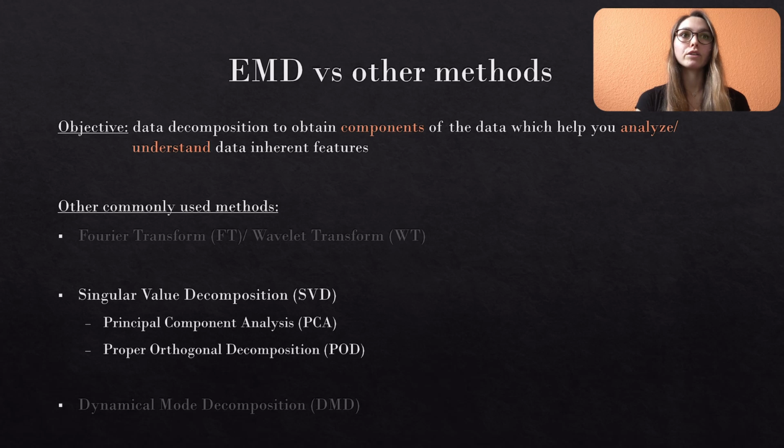The singular value decomposition, in short SVD, builds the basis for the principal component analysis and the proper orthogonal decomposition. These methods do essentially the same decomposition, they were just derived from different fields of study. So the orthogonal basis system of the SVD is based on the direction of highest covariance in your data.